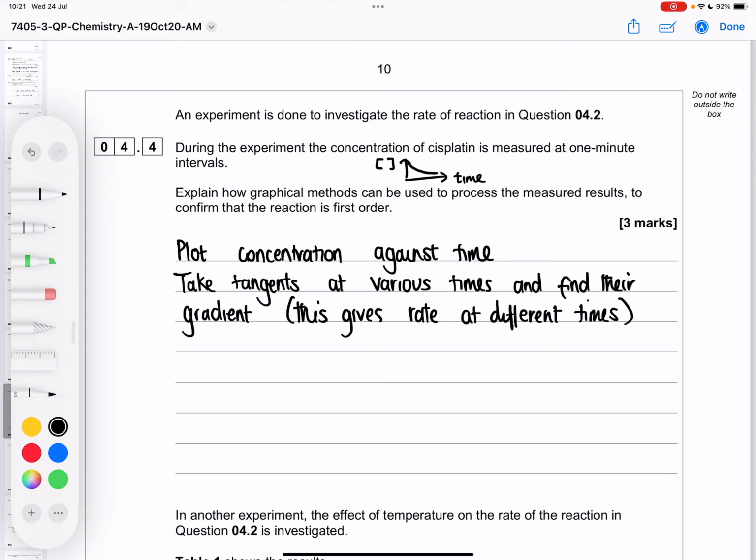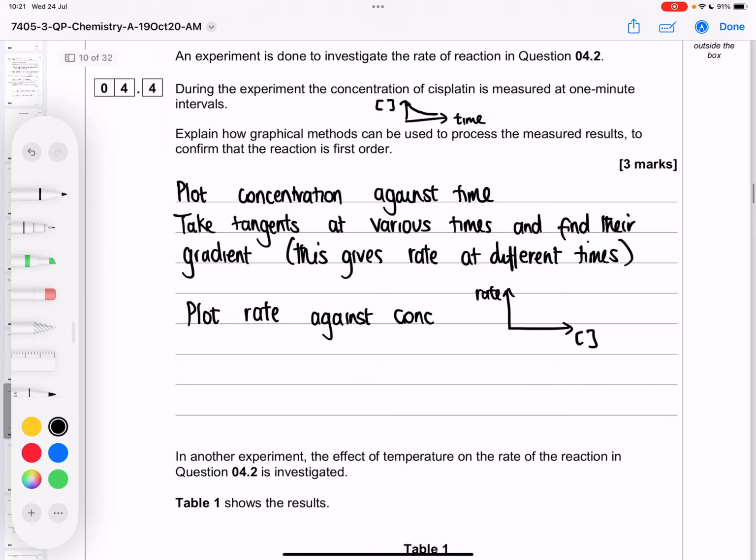Then what we would do is plot rate that we've got from our gradients against the concentrations that we had at those times. So we'd have rate against concentration.